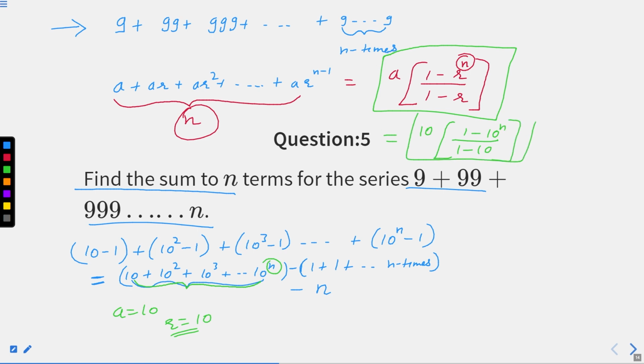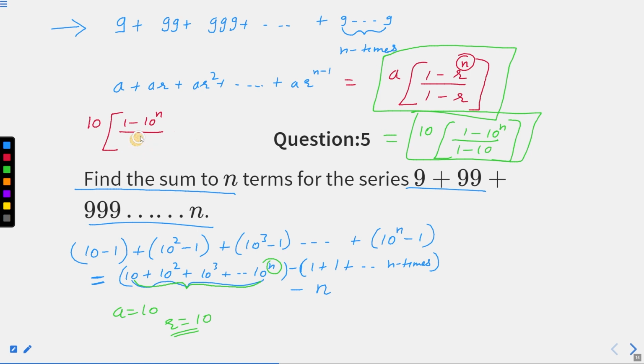Clear? So my formula will look like this. My answer to the question is 10 times (1 minus 10 raised to the power n) divided by (1 minus 10), which is minus 9.